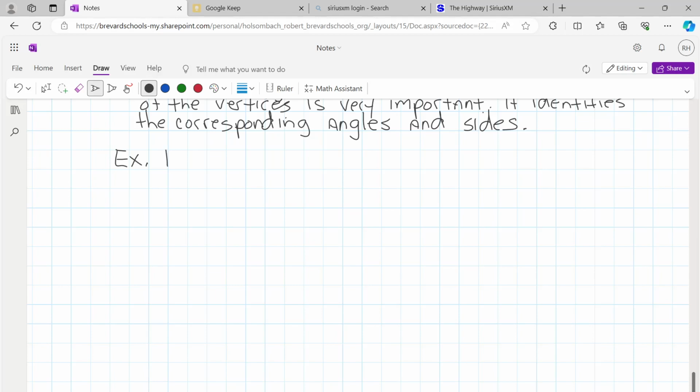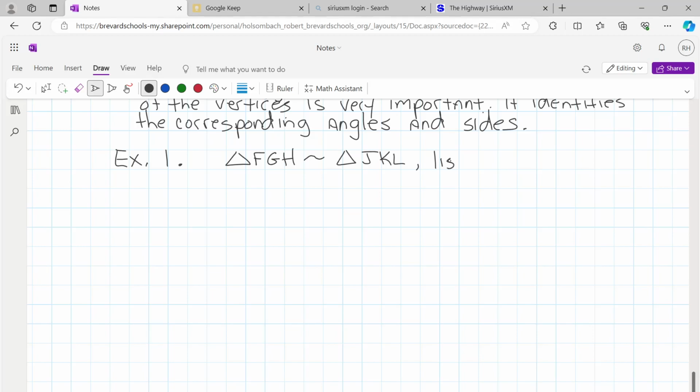All right, the example says if triangle FGH is similar to, here's the symbol for is similar to, it's just this little one squiggly line, triangle JKL. List all pairs of congruent angles and write a proportion that relates the corresponding sides.